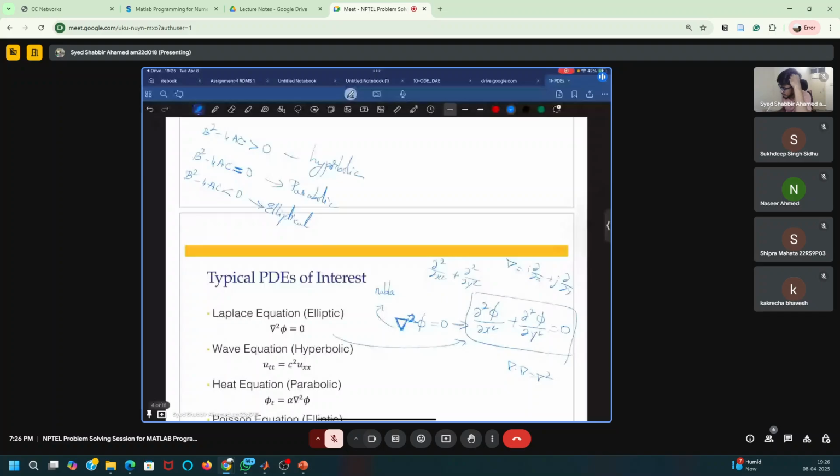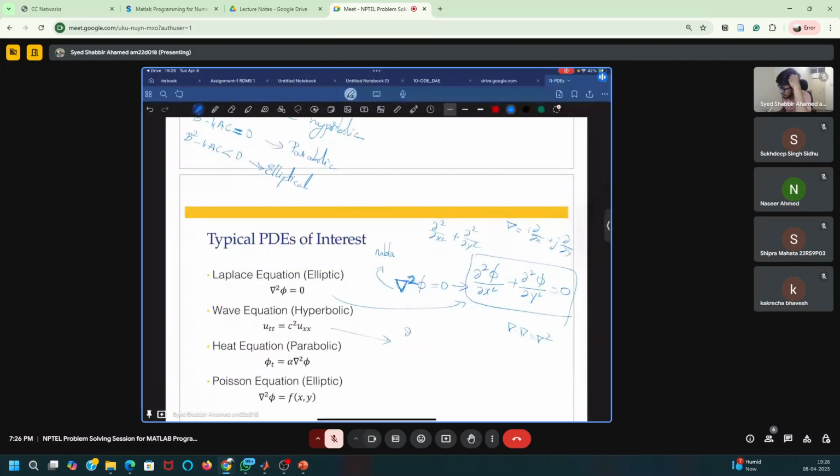And this u_tt is nothing but dou square u by dou t square. This symbol denotes the second order differentiation of u in t, which is equal to c square into dou square u by dou x square. So this is a wave equation, the 1D wave equation.